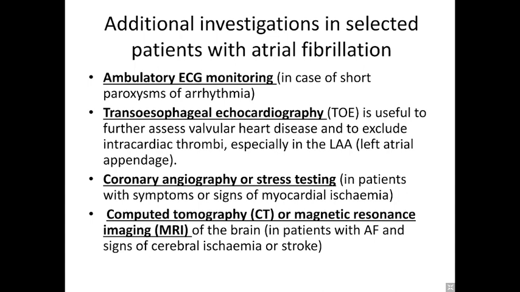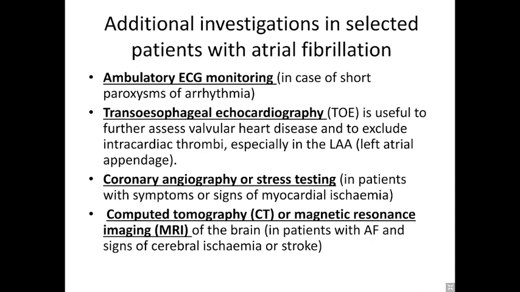Ambulatory ECG monitoring. For example, your patient has a very short paroxysm of atrial fibrillation, and on standard ECG we can't see this paroxysm. But it's very important to see it on ECG, and we recommend Holter ECG for this patient. Next, transesophageal echocardiography.